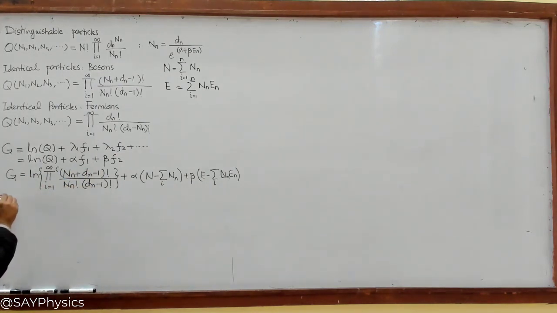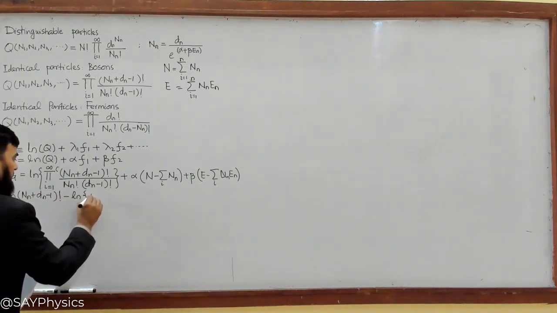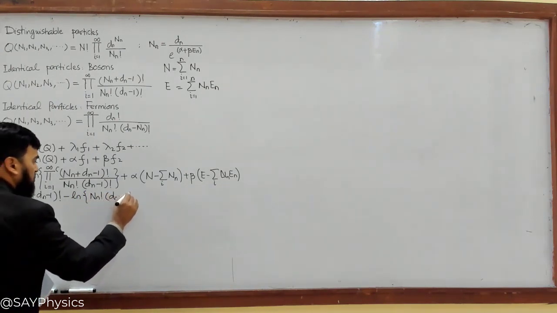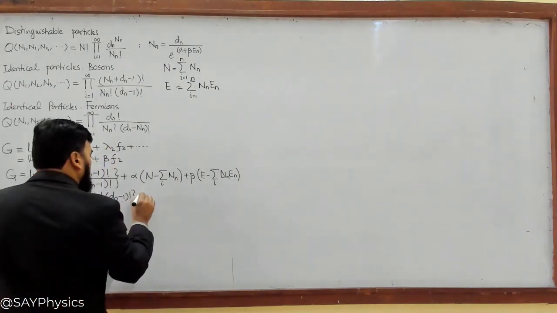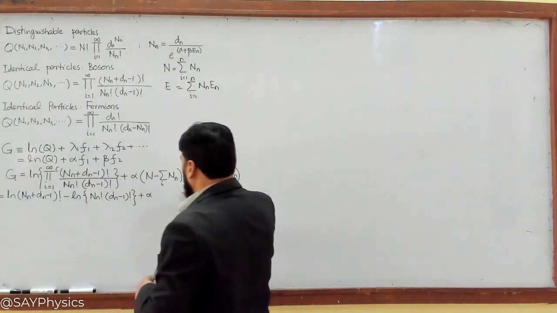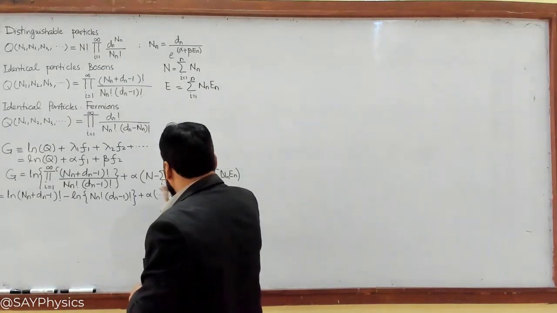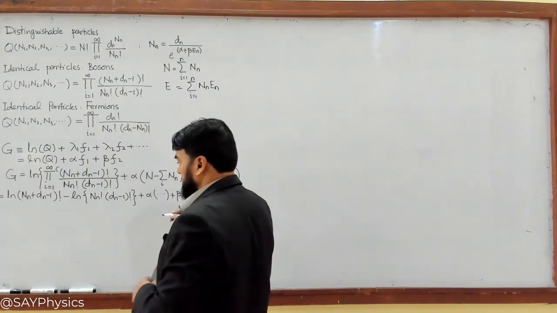So this equals the natural log of n_n plus d_n minus 1 whole factorial minus log of n_n factorial d_n minus 1 factorial. And plus, here we don't apply any log, so we will just write alpha as it is and plus beta, and this is also as it is.